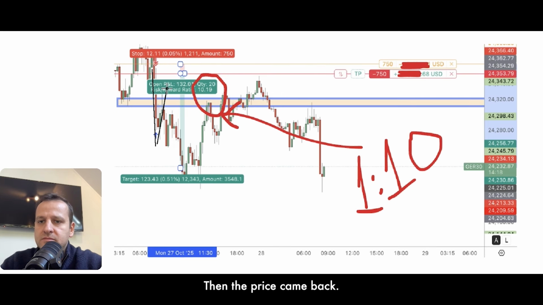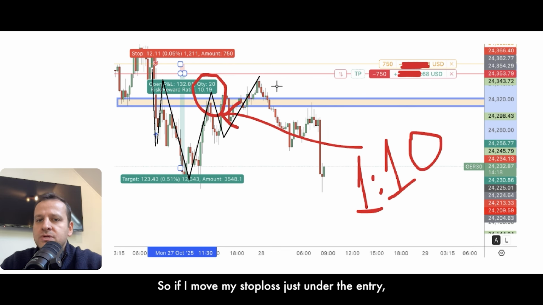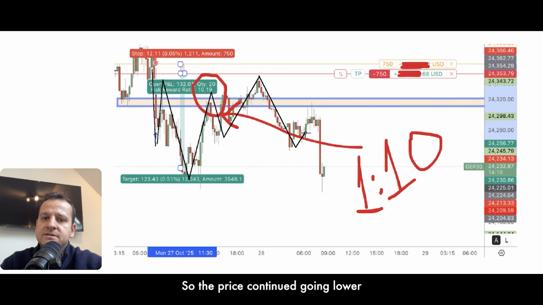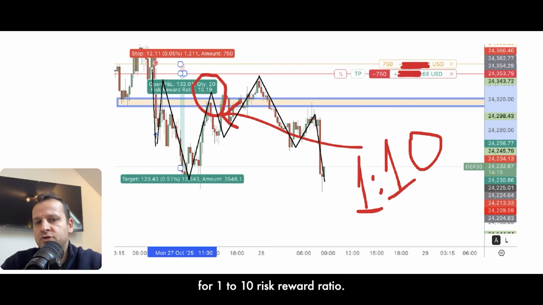Then the price came back, it went down again. At this point I could have closed the trade at roughly 10-11 pips. The price went up again and it went up again. So if I had moved my stop loss just under the entry, I would have been stopped out. I didn't do that, so the price continued going lower and I closed the trade at this point here for a 1 to 10 risk to reward ratio.